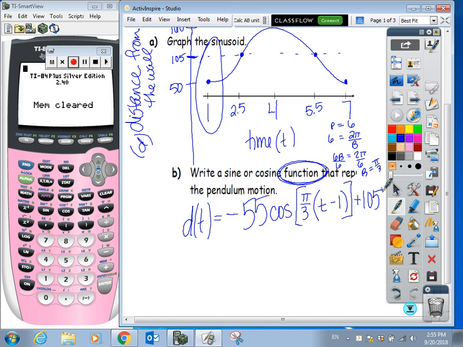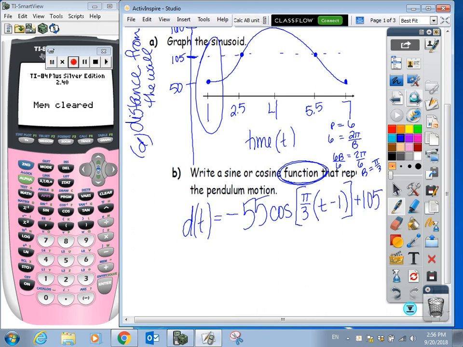You could start at 7, t minus 7, it'd be negative. Or you could start at 2.5, and that would be positive 55 sine t minus 2.5. All of those are correct. There are an infinite number of correct ways to write the equation. That doesn't mean all of them work. Your c value, wherever you choose to start, will determine what your plus or minus is out in the front.